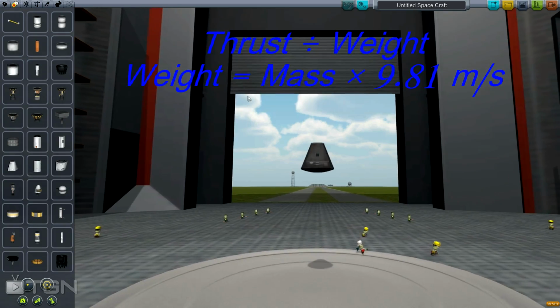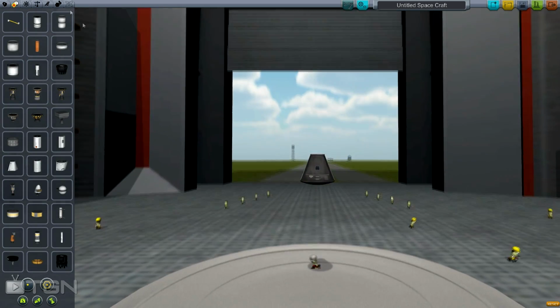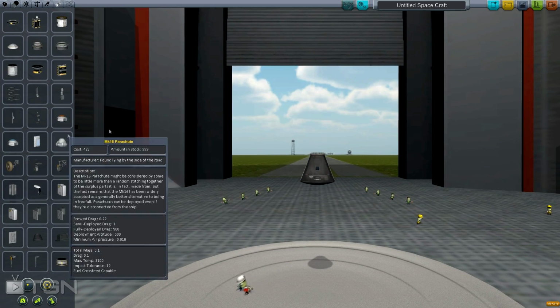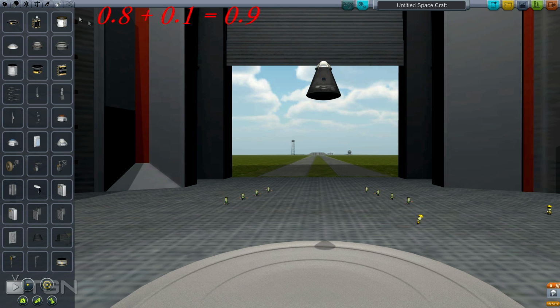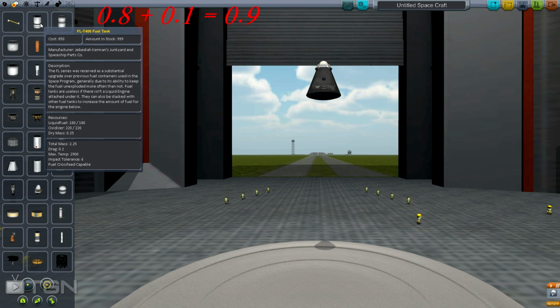So if we get this command pod Mk1 with a mass of 0.8, and we get a parachute with a mass of 0.1, and we get some fuel tanks.